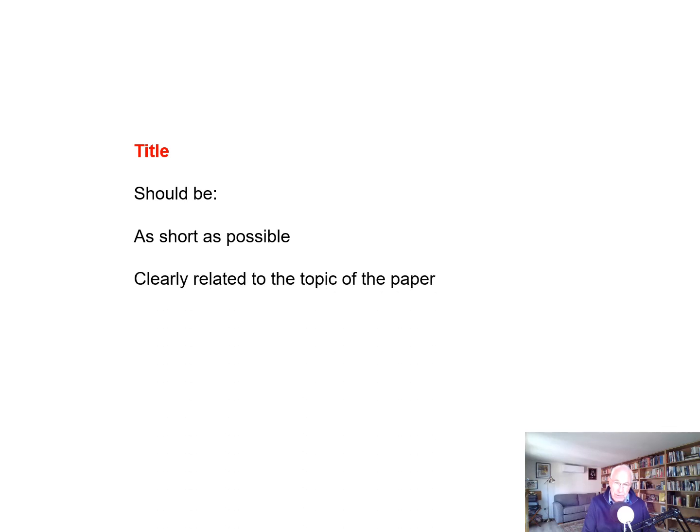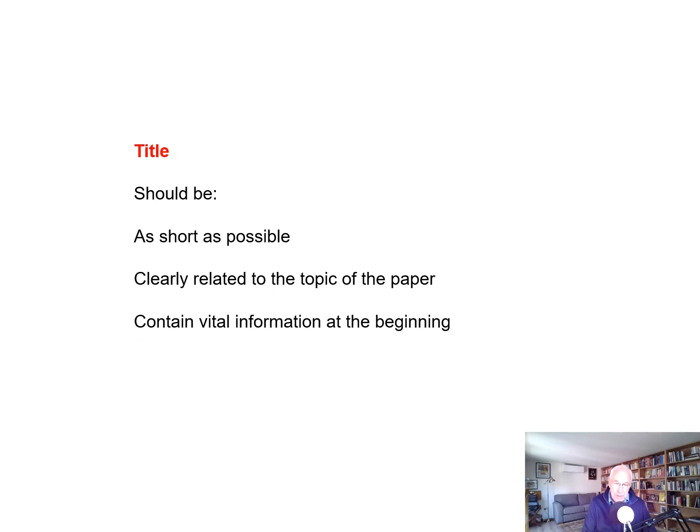And they should be, of course, clearly related to the topic of the paper. That seems rather obvious, but sometimes people complain, particularly reviewers, that the contents of an article do not match the title. They obviously must match up.